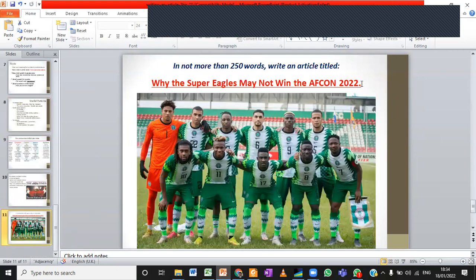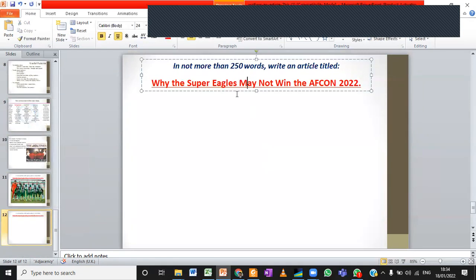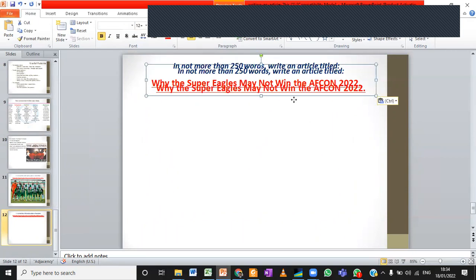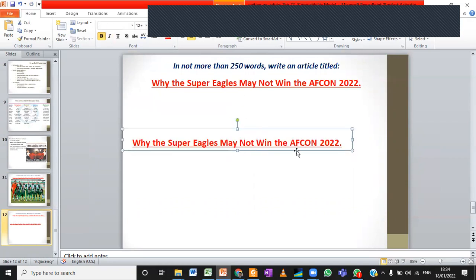Okay, so which one do you prefer? To write the first paragraph of this, I think you are more enthusiastic about this one. So let us do something now. Just the first paragraph, okay? I want you to type and send it to me via chat, okay? Just write the where, the when. Good. So what I actually need from you is just simple. This is the topic. I just want the first paragraph.